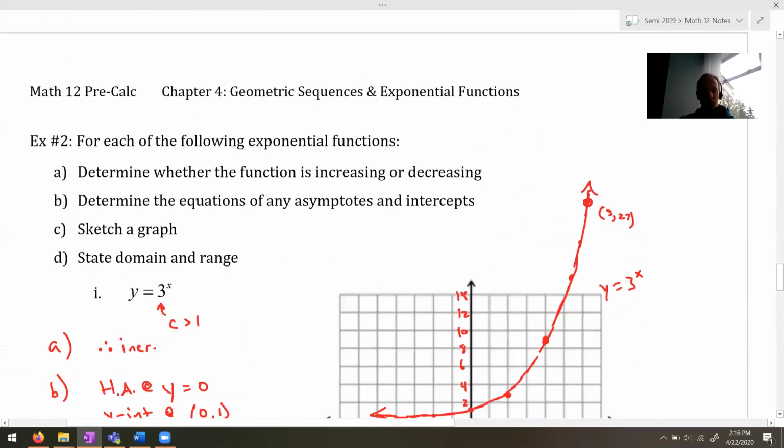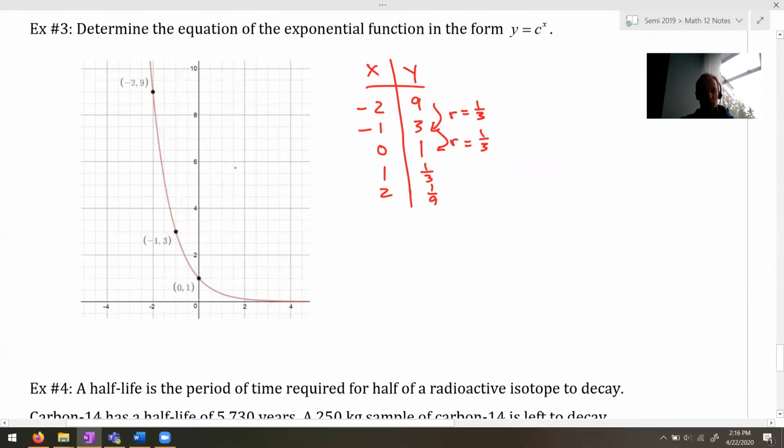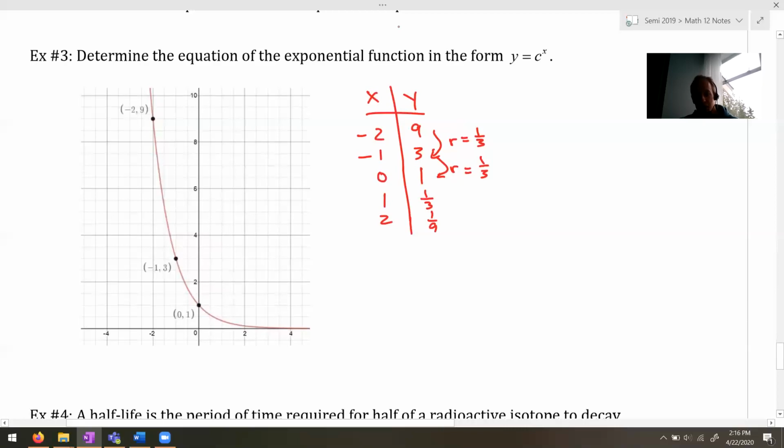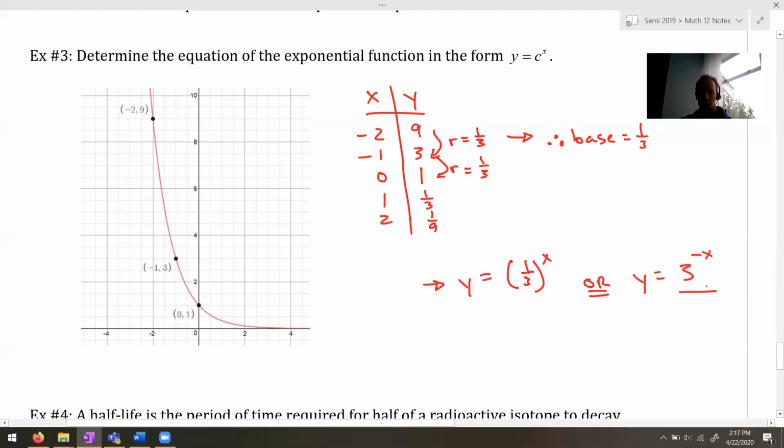So if you look at a table of values and you figure out that r is a third, you can therefore conclude the base is equal to 1/3. That's what we're repeatedly multiplying by. So we can now say y equals 1/3 to the power of x, and that should be fine. Or, if you don't like that, you can also say 3 to the power of negative x. Both are equally valid.